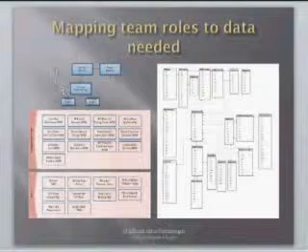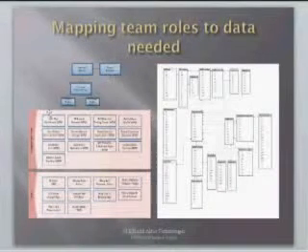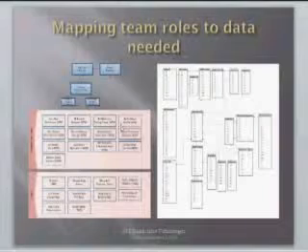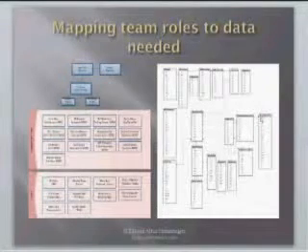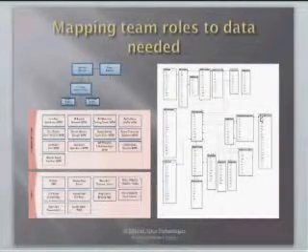The next thing we want to do, once we start looking at our stakeholders, the teams, is see how these map out to the tables, and whether they are in fact covered.